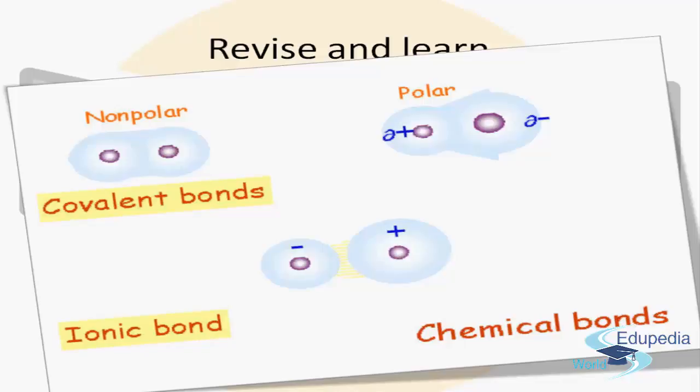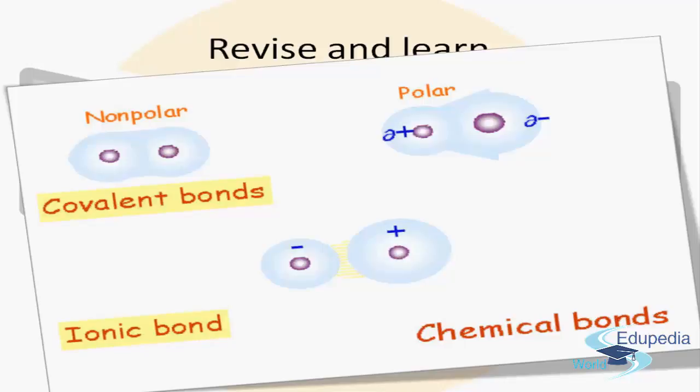You can see here there are two signs I have written. We call this delta plus and delta negative. It should be noted that the small positive charge, delta positive, and delta negative, on the two ends of the compound, or you can say the two elements, do not mean that it is an ionic substance, as the bond between these two atoms is predominantly covalent, but it has some ionic character in it.